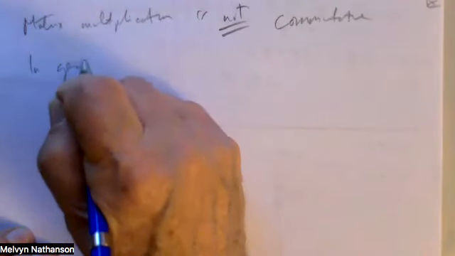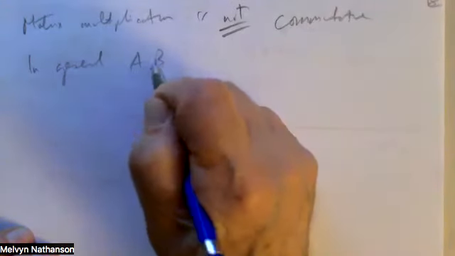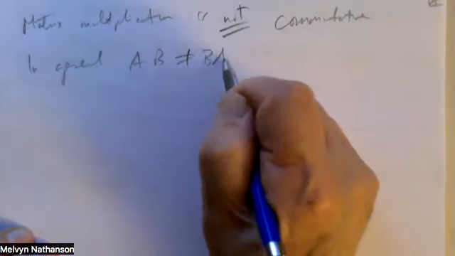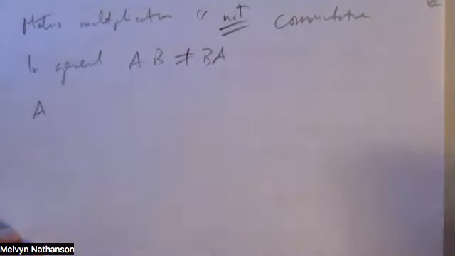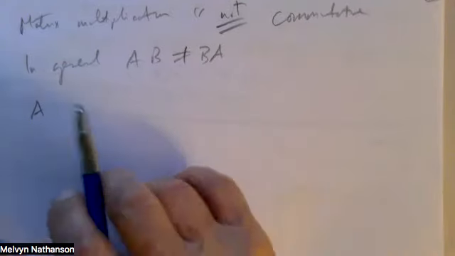What that means is that, in general, AB is not the same as BA. So let's look at an example. Let's see if I have one in the text. Yep.